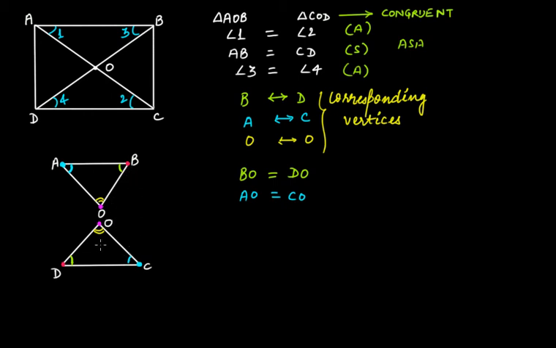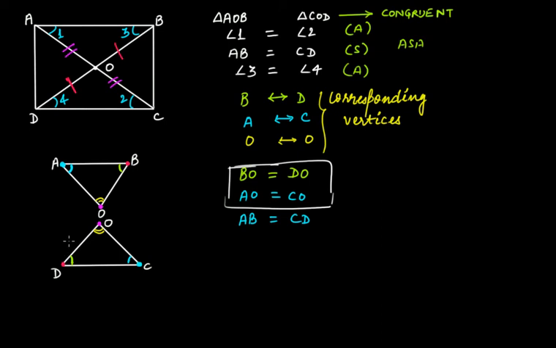The remaining one is that this AB is equal to CD. But we have to take only these two. So from here we can see that BO is equal to DO, and AO is equal to CO. So we have proved that the two diagonals bisect each other.